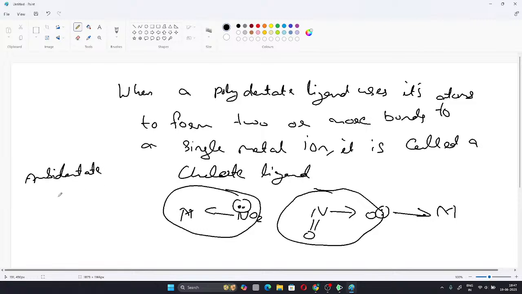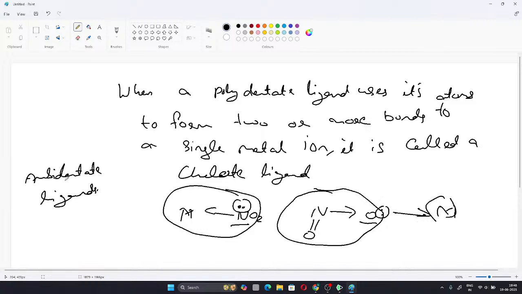Ambidentate ligands are where there are two or more donor atoms, here it is nitrogen, here it is oxygen, but only a single one of them is in the complex, forming the bond with the metal.